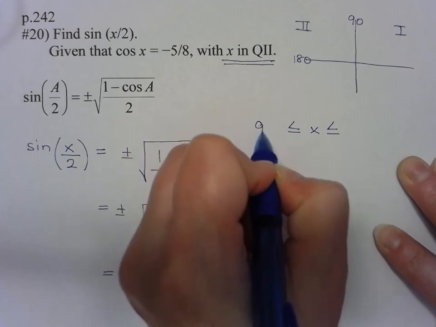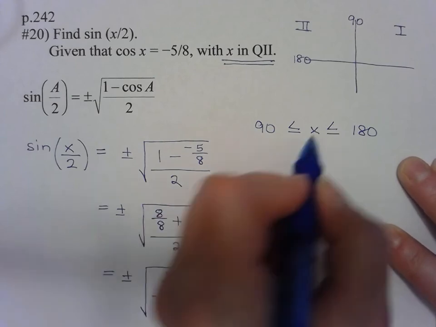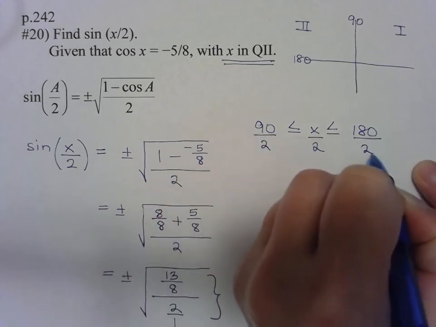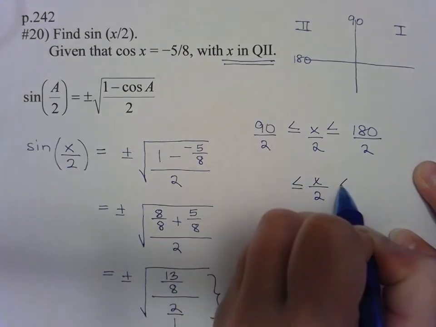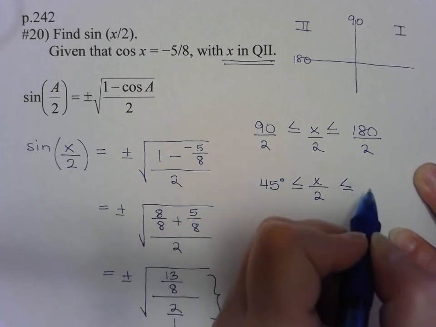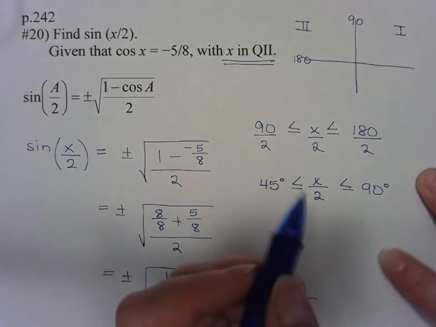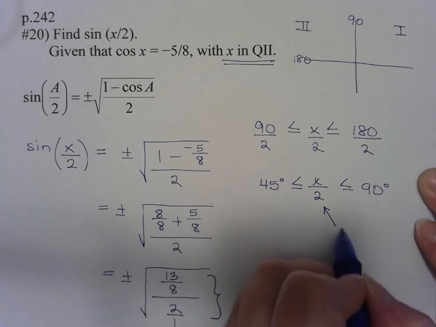If we divide everything by 2, then whatever this angle is, it should be between 45 and 90. So that means that this is definitely in quadrant 1.